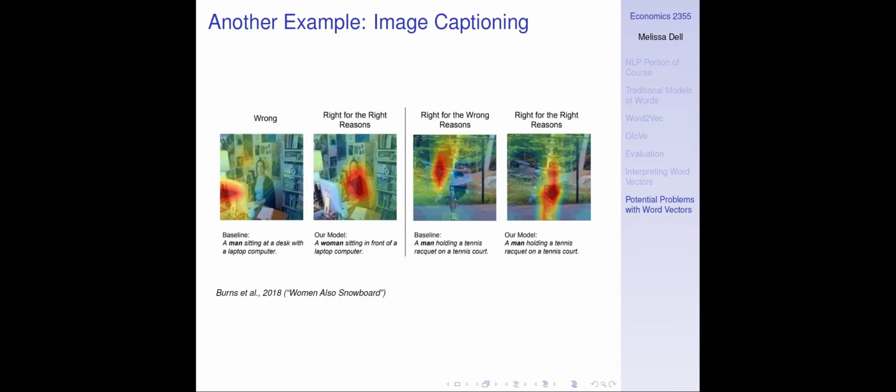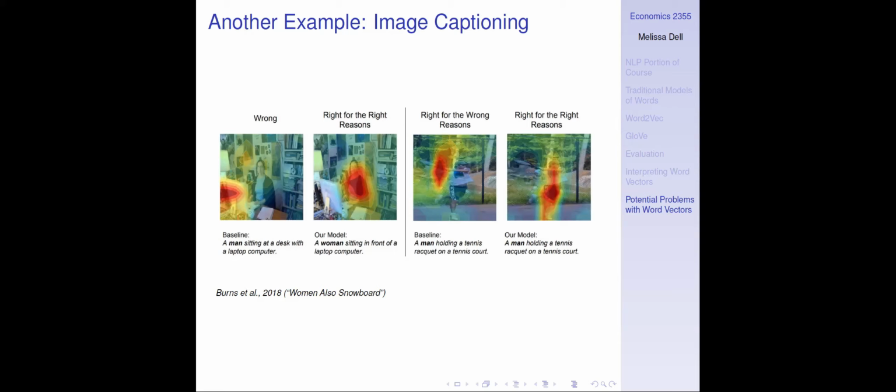And that's just wrong. Whereas this is an example from the model of the paper cited here, which tries to de-bias these things. It gets that picture right. It says "a woman sitting in front of her laptop computer," and you can tell that the part of the image that's lit up is actually the correct part of the image that would allow you to identify that that's a woman.